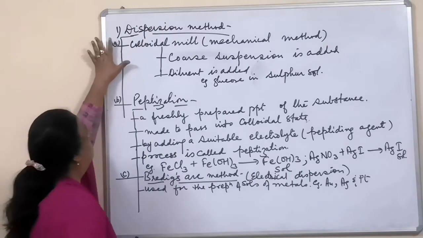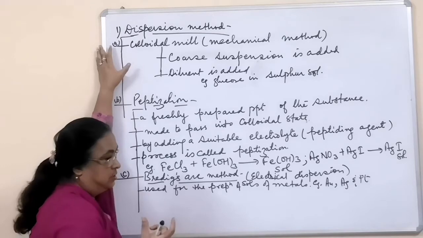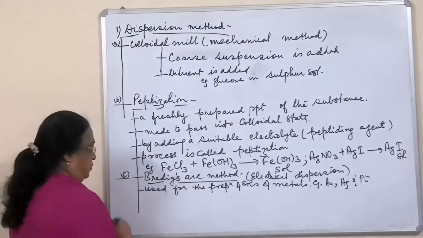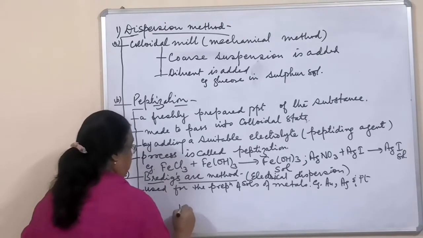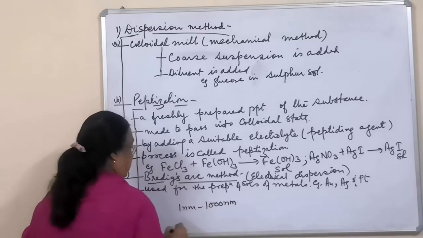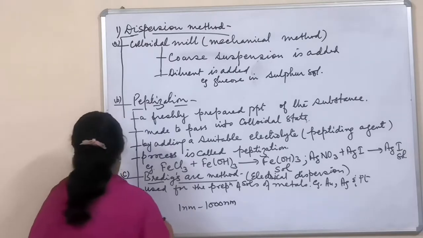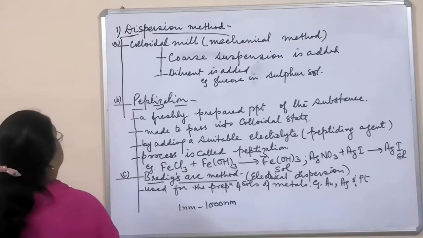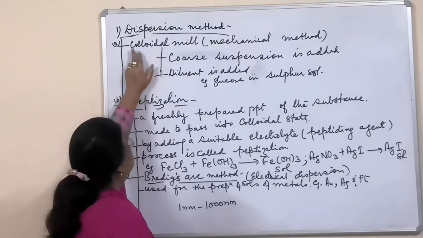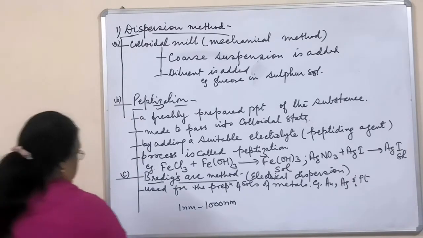Okay, now the dispersion method, as I told, is for bigger particles, where the size will be more than 1000. You know this is the range of the particle of a colloidal solution. So if the size of the particle is greater than 1000 nm, then the dispersion method is used. And the first is the mechanical method of dispersion.